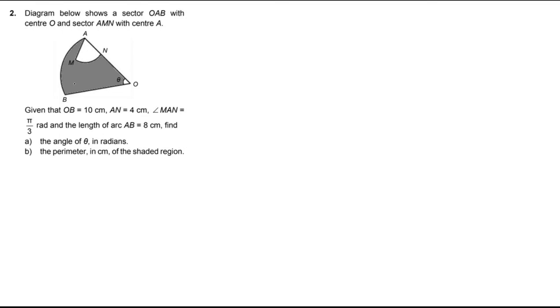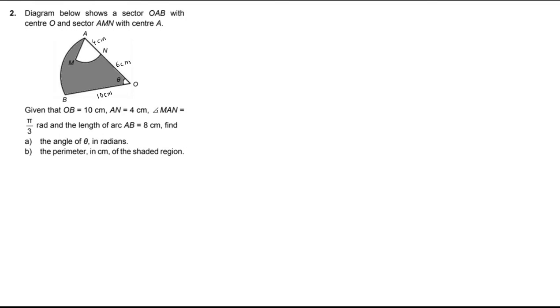Given that OB is 10 cm and AN is 4 cm, then NO is 6 cm, because OB and OA are the radius of the larger sector.